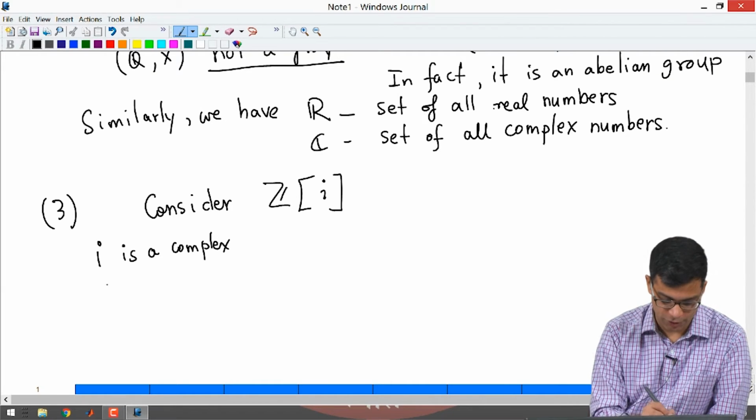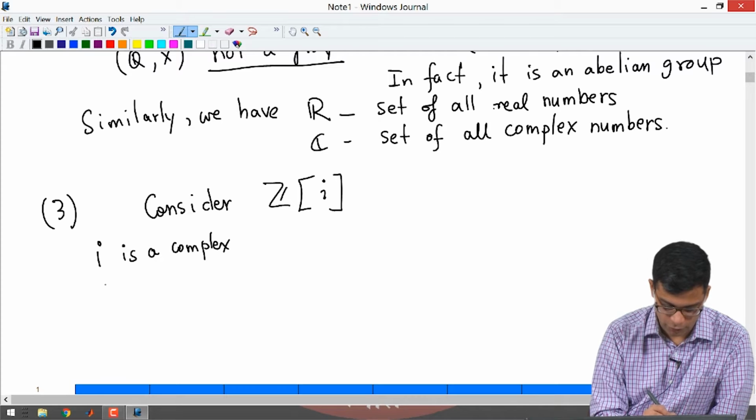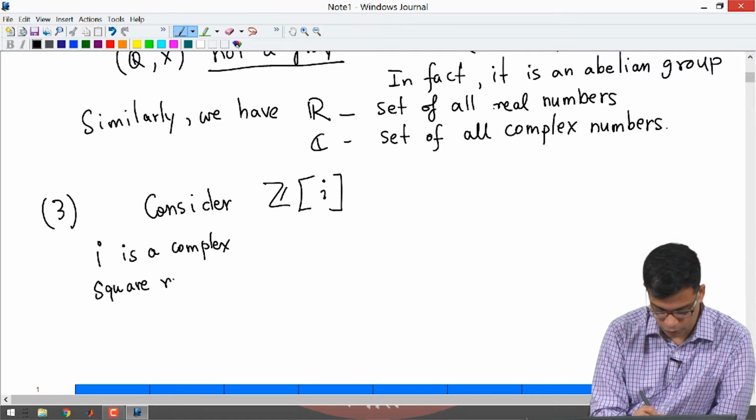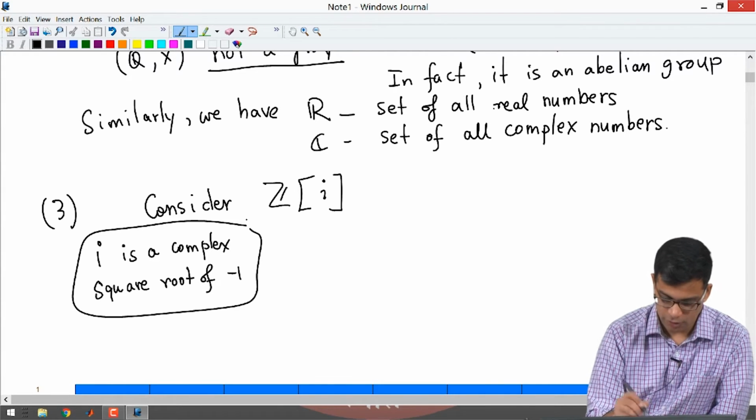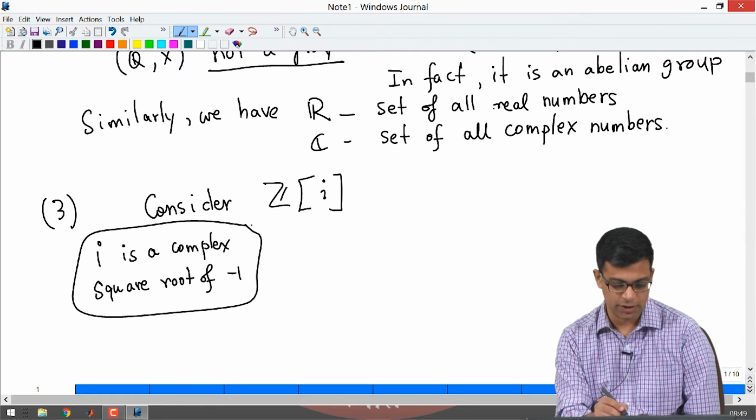As usual we denote the complex square roots of minus 1 by i and minus i. So, i stands for square root of minus 1. So, consider this set Z[i].